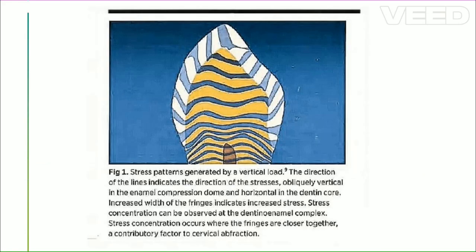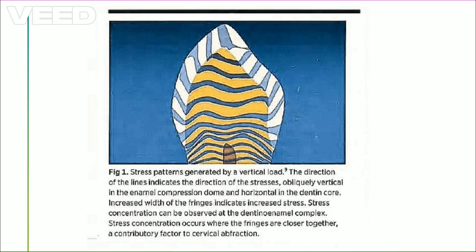This figure shows the stress patterns in the natural dentition. Here we can see the forces acting on the enamel, primarily tensile forces, vertical forces. When it is transferred to dentin through the DEJ, the stress pattern changes.